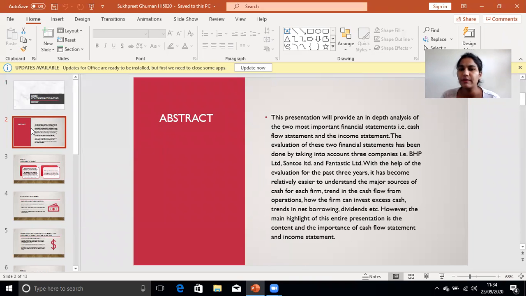It has become relatively easier to understand the major sources of cash for each firm, trend in cash flow from the operations and how the firm can invest and access the cash, and trends in the net borrowings and the dividends. The main highlight of this presentation is the content and the significance of the cash flow statement and the income statement.